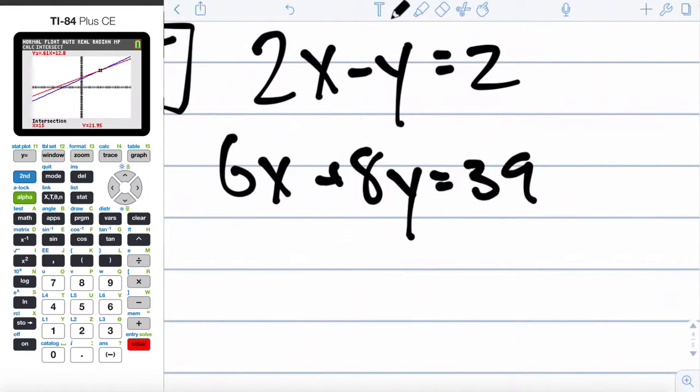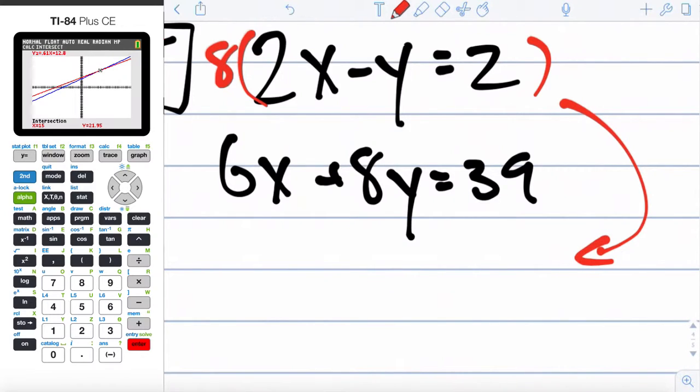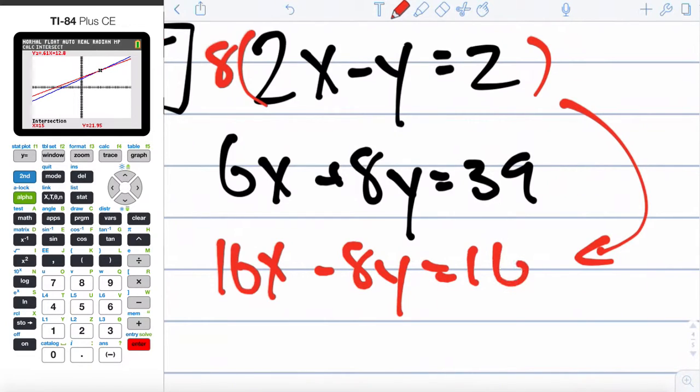So we can do this a couple different ways. It really doesn't matter. Since that's already a negative y, I'll multiply the top one by 8. And when I do that, I get 16x minus 8y is equal to 16. I add those together.